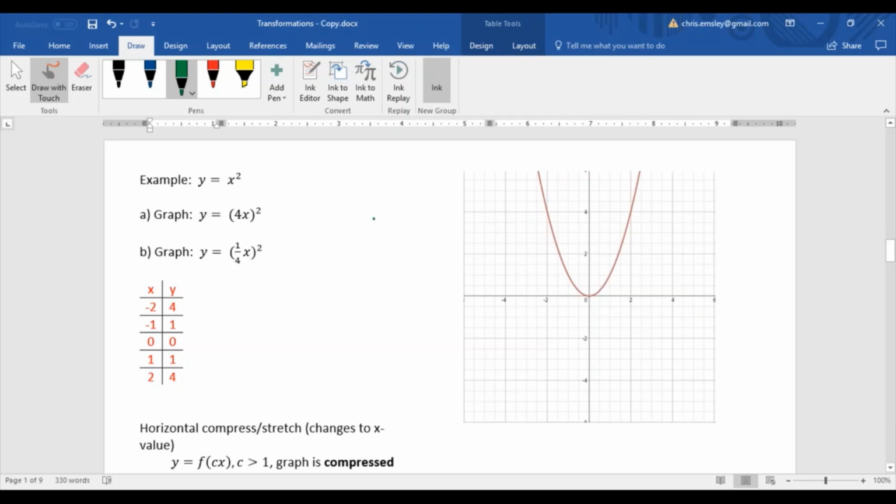Okay, so let's start over again with that same parent function, y equals x squared. This time, again, now the multiplier is inside the parentheses. It's inside the function. So we're going to see something just a little bit different here.